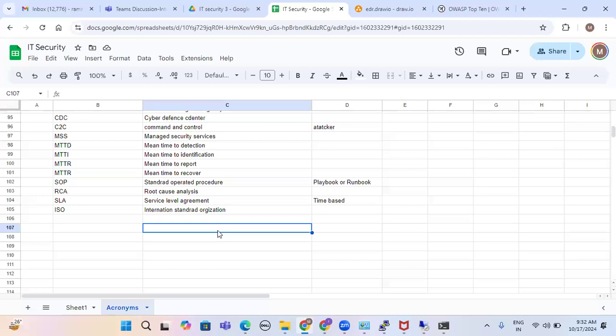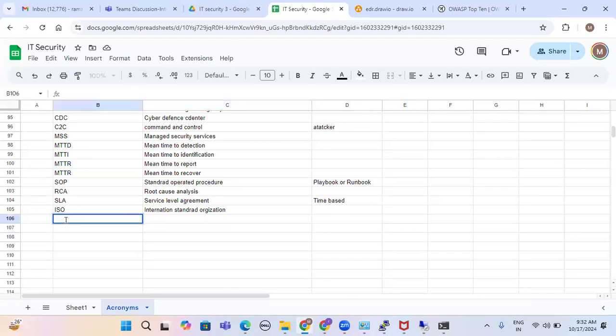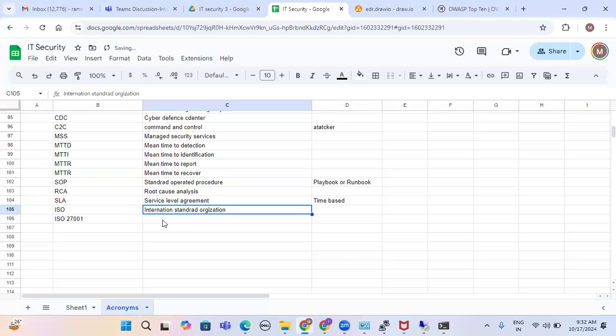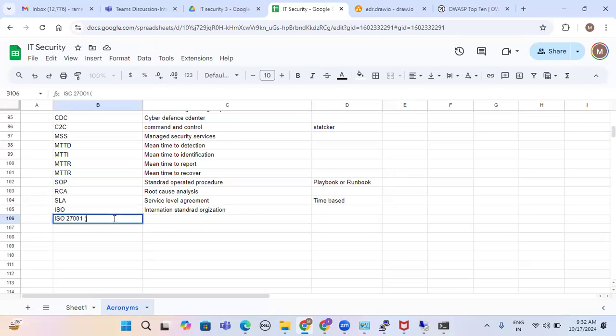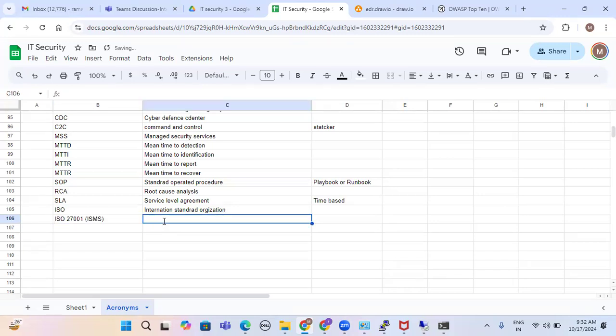Those security principles are compliances we have to follow. For example, ISO 27001 is one of the compliances. This one is defined by ISO. Under this one, we take care of the ISMS, Information Security Management System.